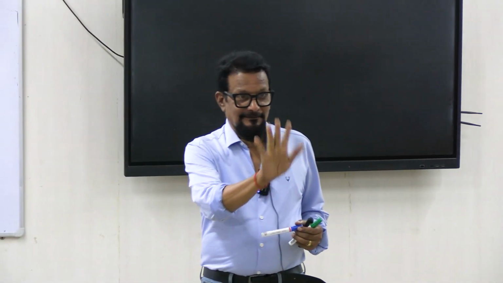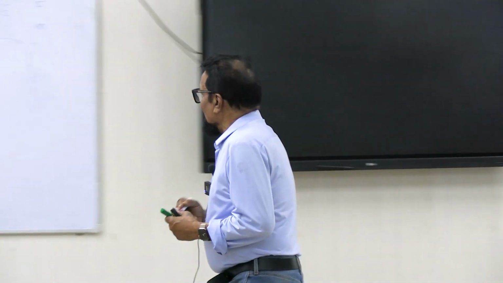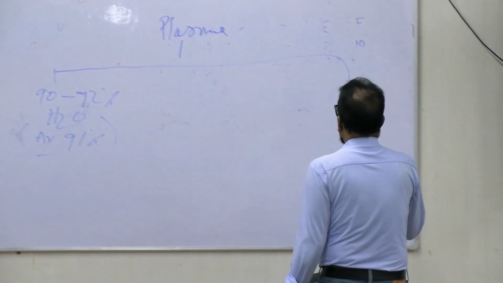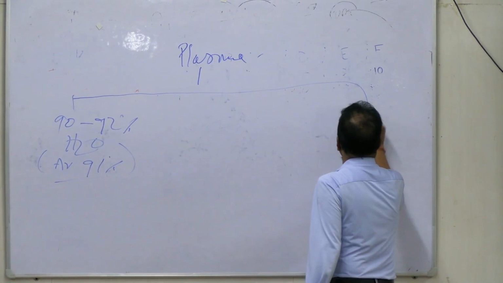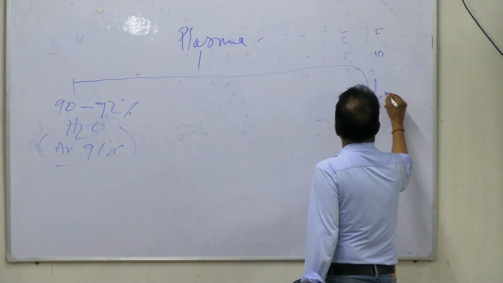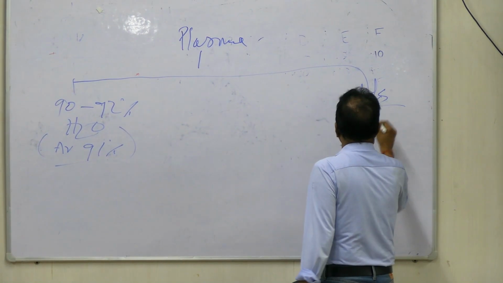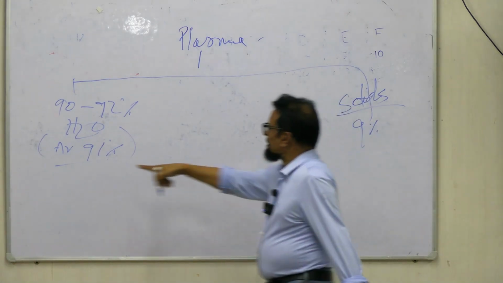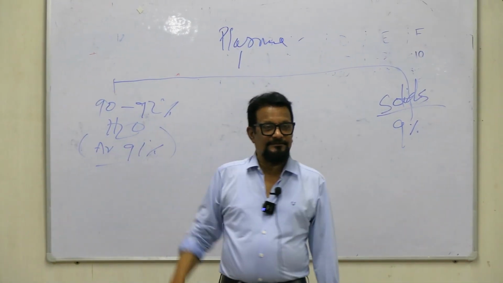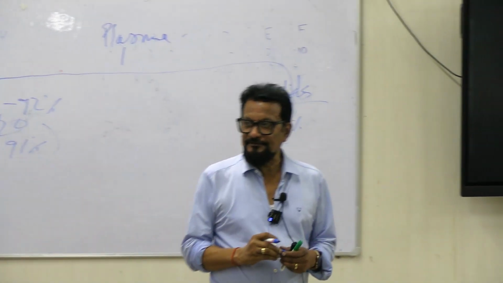What is the condition called? I will ask. Not now. Then solids. So the remaining 9%, average 9%, is solids.